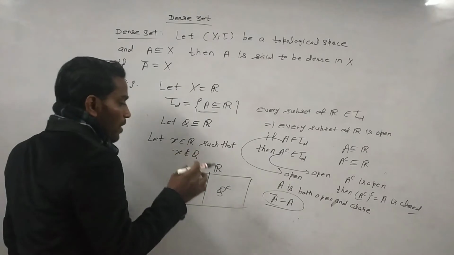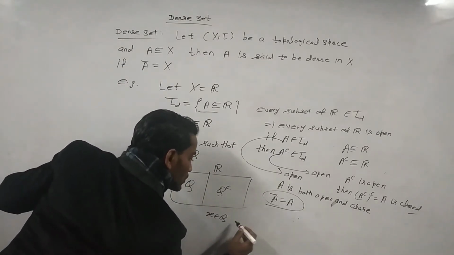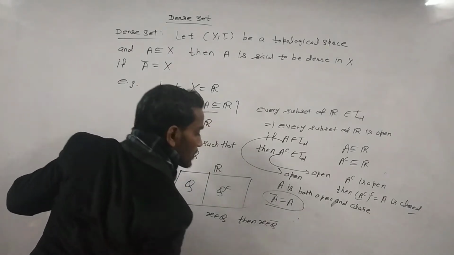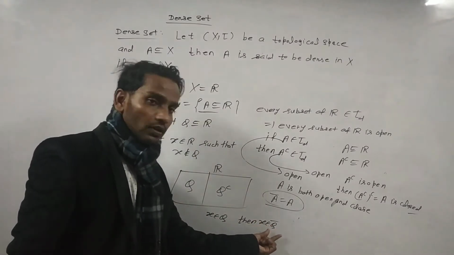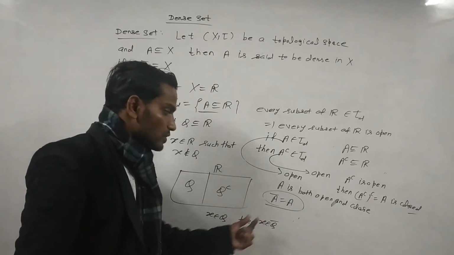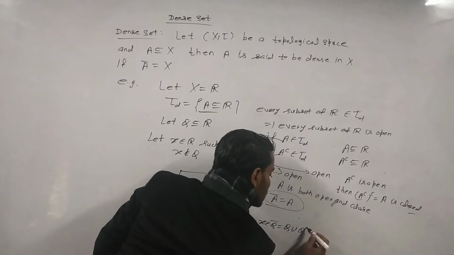If we discuss an element of Q, if X belongs to Q, then X also belongs to Q closure, as every element of a set belongs to its closure, as closure equals Q union Q derived set.